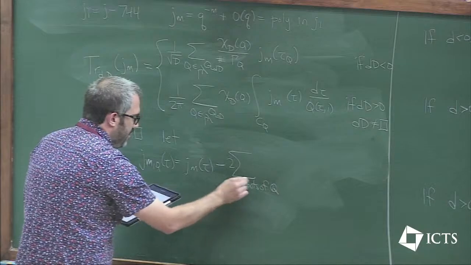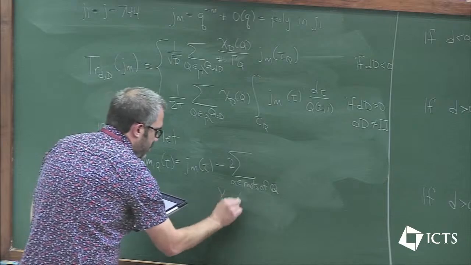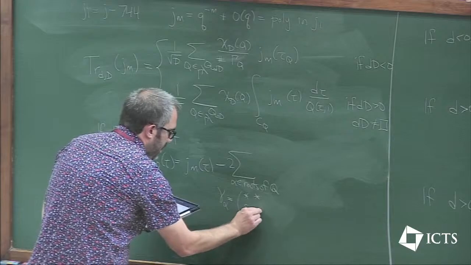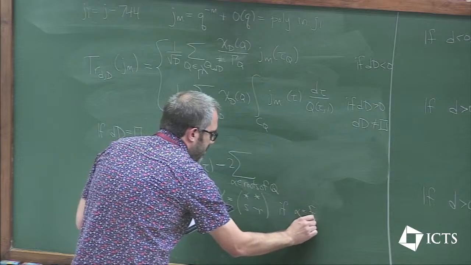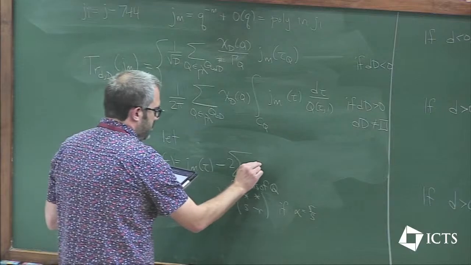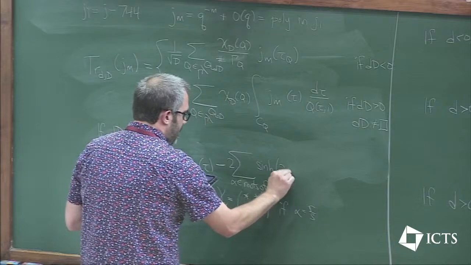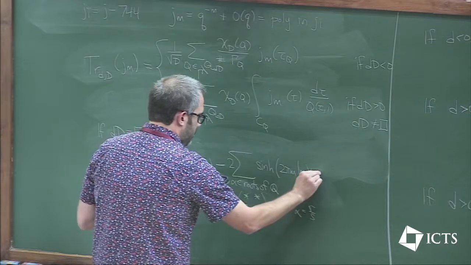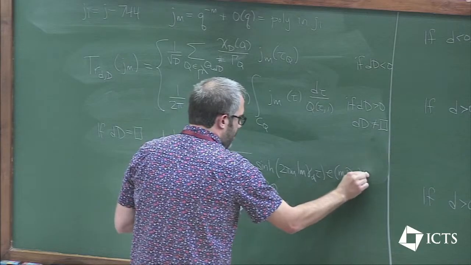If I have such an alpha, I'm going to let gamma alpha be the matrix with S, minus R in the lower row, if alpha can be written as R over S, where we allow S to be 0. I don't care what's in the upper row. Then in this sum, I'm going to subtract hyperbolic sine of 2 pi m times the imaginary part of gamma alpha tau, and then E of m times the real part of gamma alpha tau.